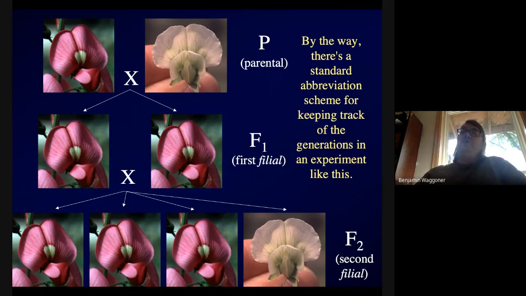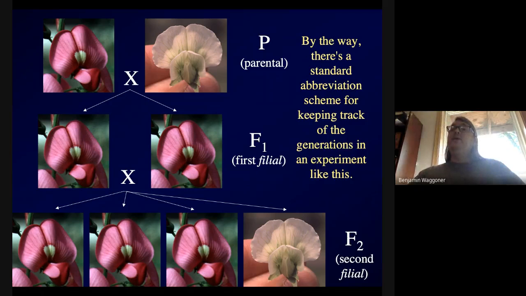And then the second generation is the F2 generation, the second filial. And you could do an F3 and F4, however many generations you cared to run an experiment for, whatever you want. For what we're going to do here, you just need to know P, F1, and F2. But that's the standard scheme for keeping track of the generations in an experiment like this.